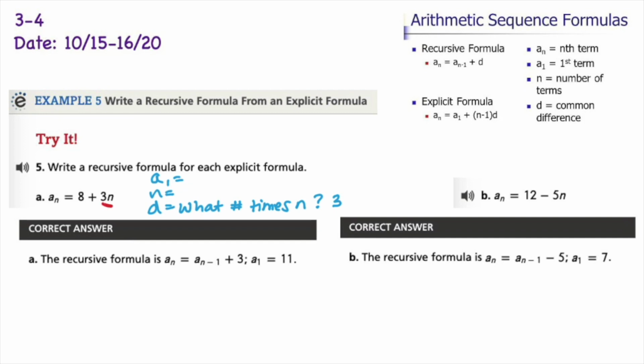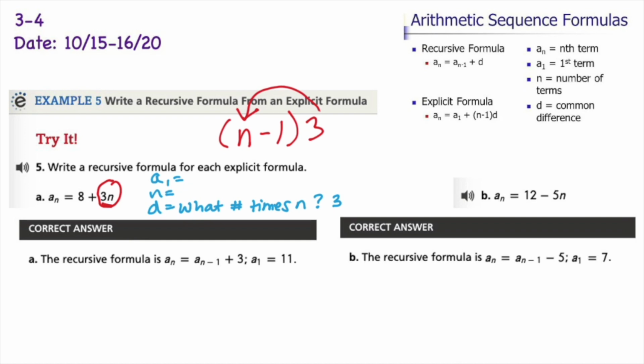That's what we're looking at right here. What number times n gives us 3n? Because remember, when you're distributing that number that's right here in this spot, you're multiplying it by n, which gives you the answer. So that number obviously had to be 3 in order to be distributed and equal 3n right here. So it has to be 3, so the common difference is 3.